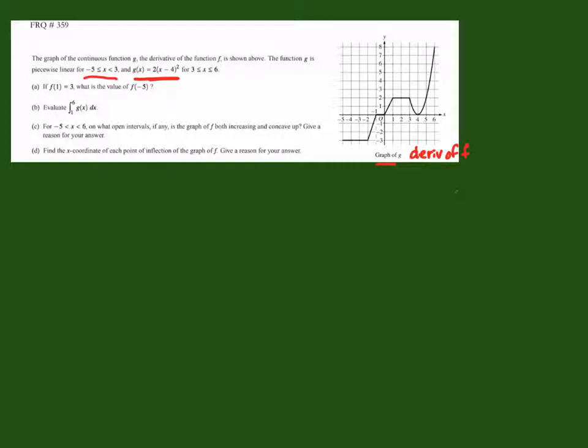So the first thing they ask is, if f of 1 is 3, what's the value of f of -5? So this is going to be a geometry area under the curve, I think. So they want f of -5.